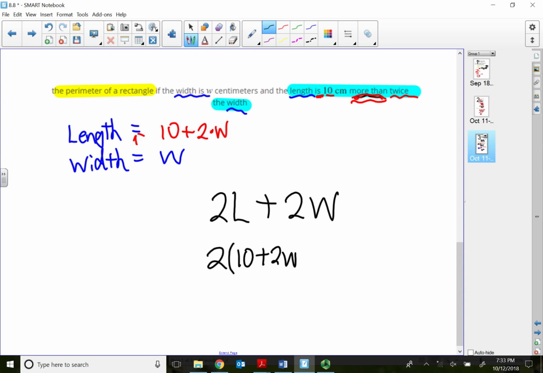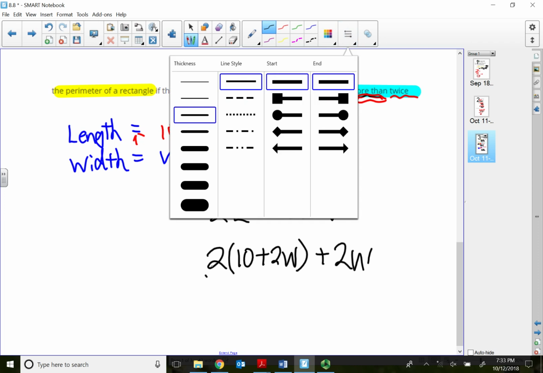Whenever we have multiple terms representing one thing, when we substitute, we always put them in parentheses. In module 9, we will use the distributive property to bring out the 2. Plus 2 times W, the variable W representing width. One term representing one thing does not need parentheses. So this is my answer.